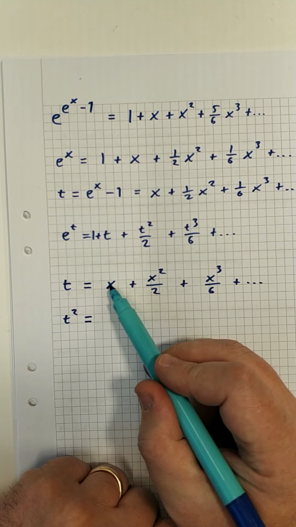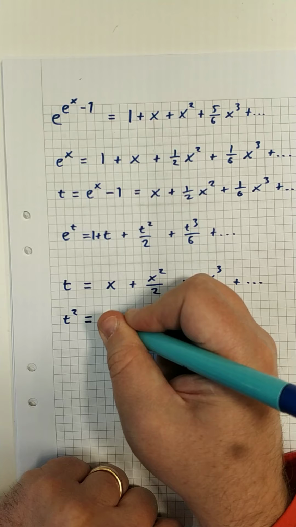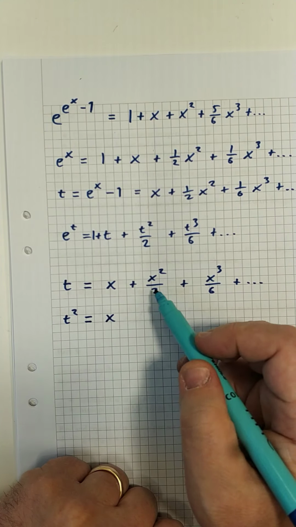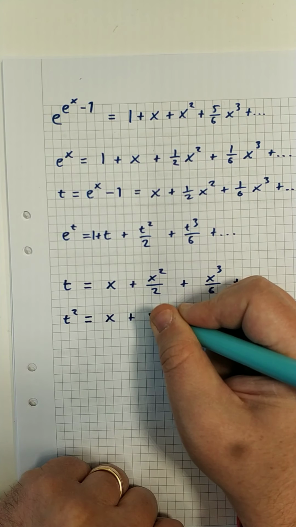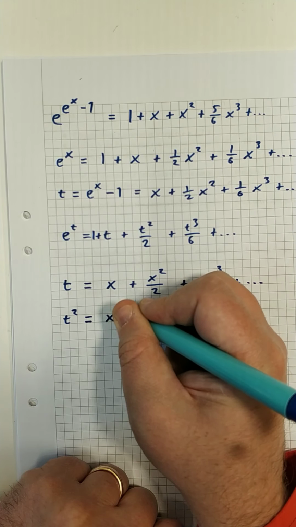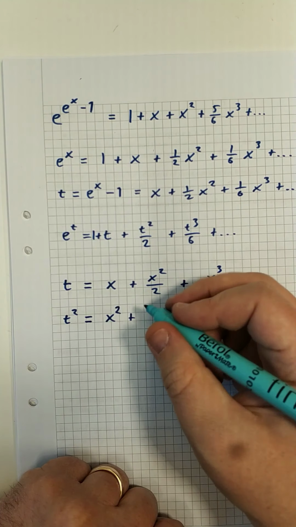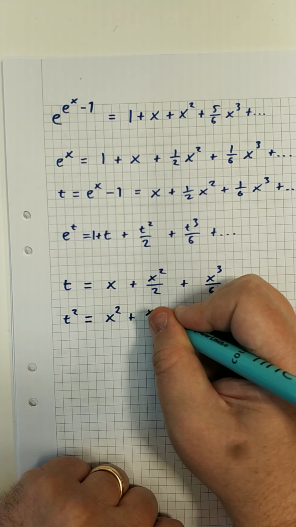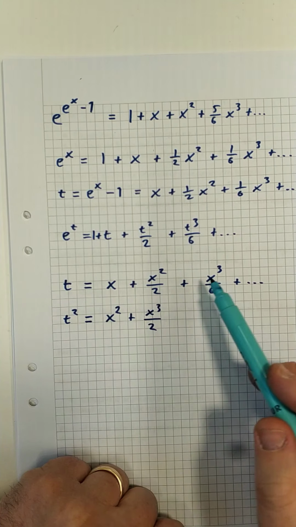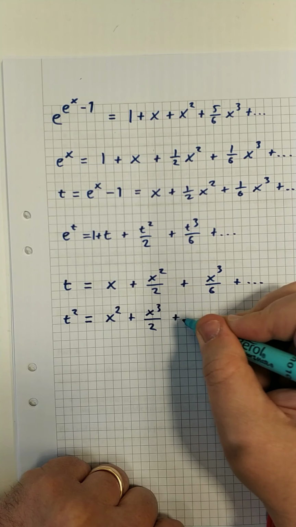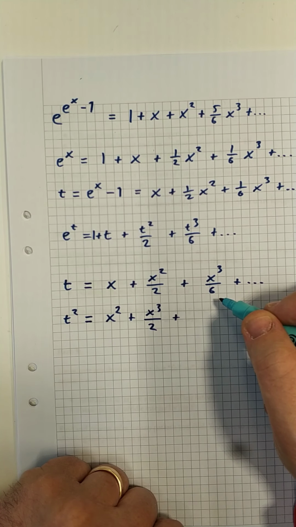So starting with x times all the terms, x times itself is of course x squared. x times 1 half x squared is 1 half x cubed. x times x cubed over 6 is x to the 4 over 6, which I'm not interested in.